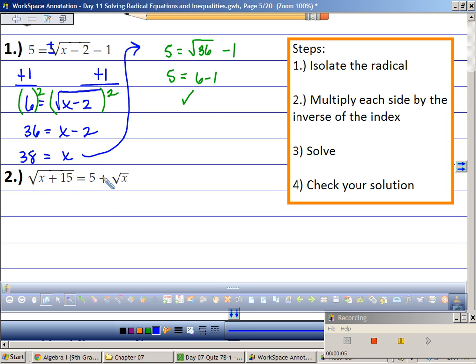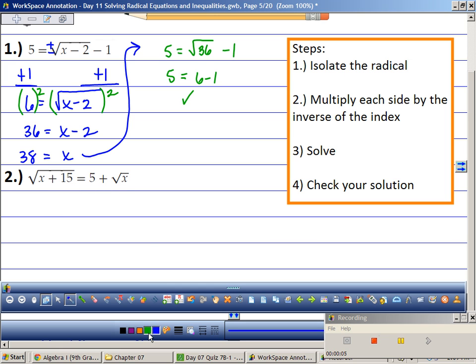If I can't isolate a radical, I just have to square it. So I'm going to square this side and square this side. We're going to square them together.